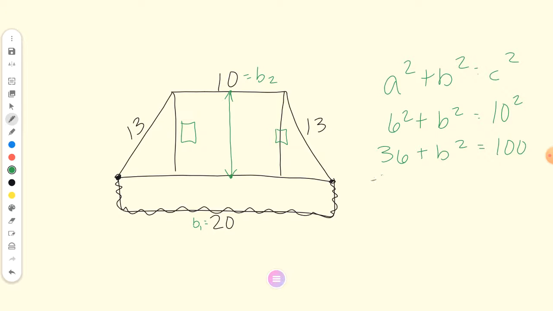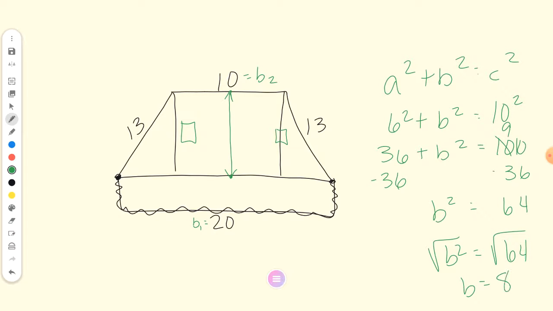To solve an equation, you get variables on one side, constants on the other. b squared equals 64, square root of b squared equals the square root of 64. So this is actually 8. But that is for number 8. I solved it for number 8, the one you were talking about.